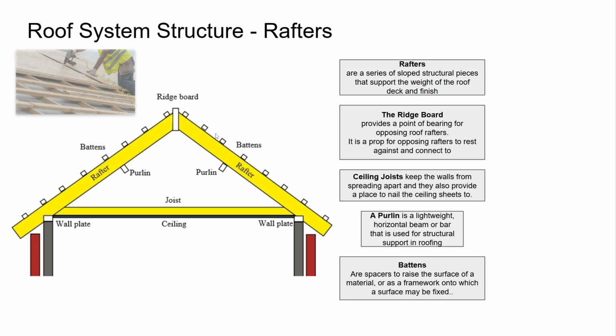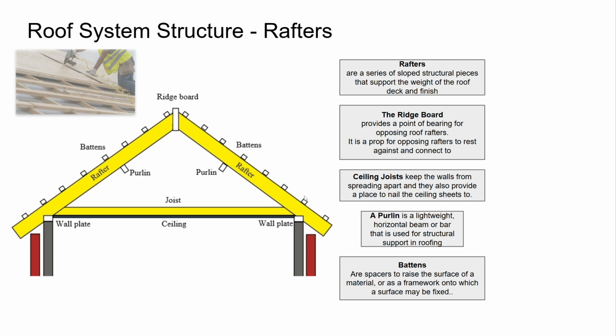If I push down on the roof, this end pushes straight across and tries to slide a little bit, but it can't because it's nailed in or it has joist hangers. And this end, if I push down, wants to slide outwards.